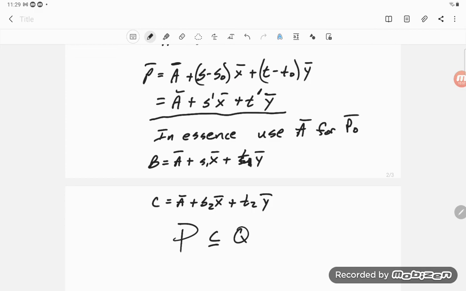And then, in particular, I can write any vector in Q this way if I want. And so I write B and C this way.